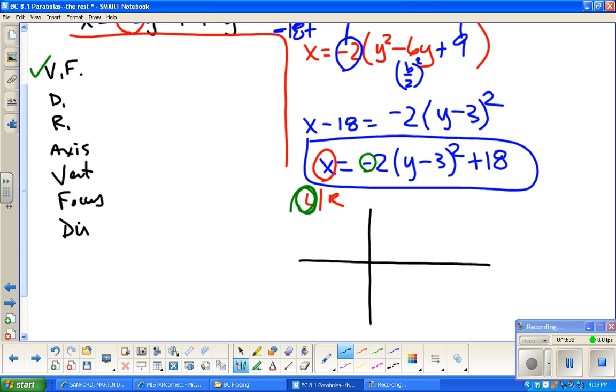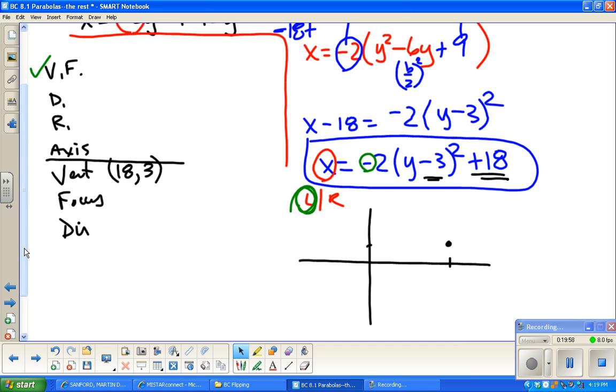Now the vertex, remember, is the x value on the outside, so do what it says. And the y value is with y, inside inverse, and we're good there. Okay, so 18 and 3, so somewhere way down here, up 3, something like that. It's going to open to the left, so somewhere like this.